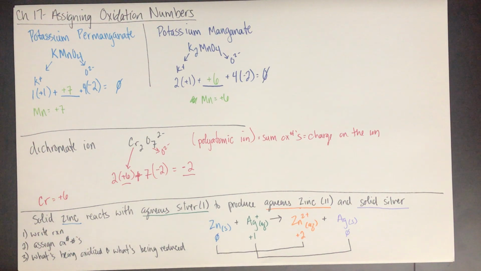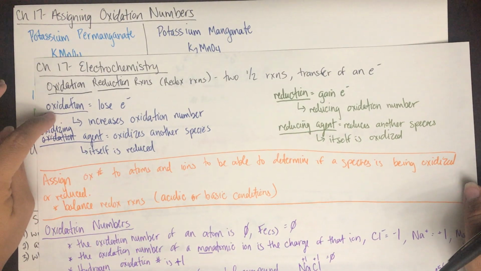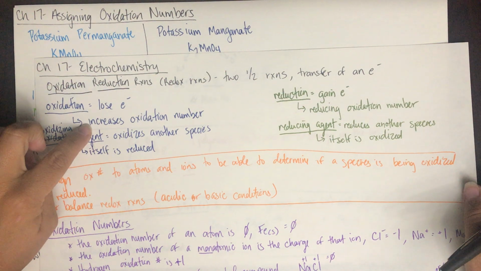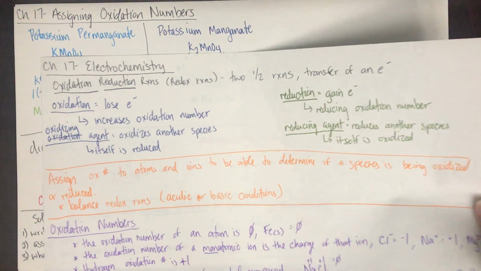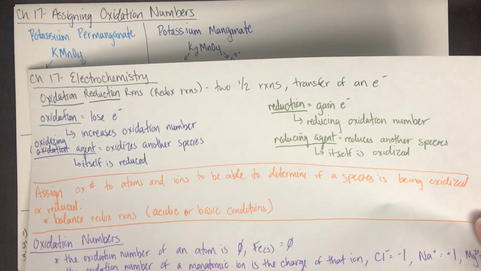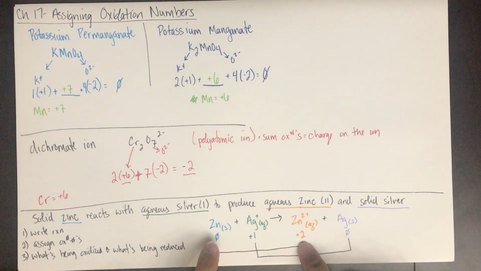So now we're going to be able to determine if something is being oxidized or reduced, because remember, an oxidation reaction loses electrons, and the oxidation number increases. A reduction reaction gains electrons, and the oxidation number reduces. So let's see what's happening here between the zinc solid and the zinc 2 plus. The oxidation number is increasing.